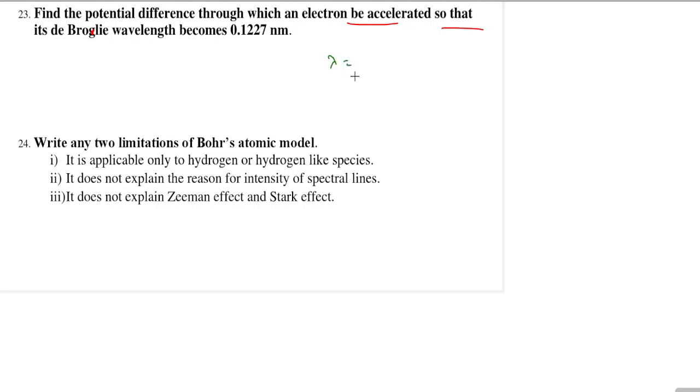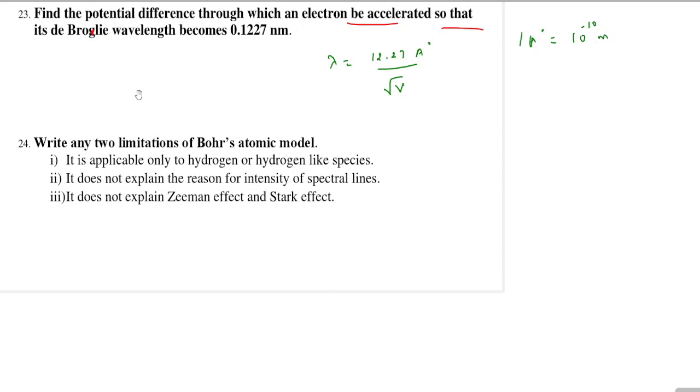The wavelength of an electron when it moves through a potential difference V is given as 12.127 angstrom by the root of V. This formula is to be memorized, where 1 angstrom is equal to 10 power minus 10 meter.